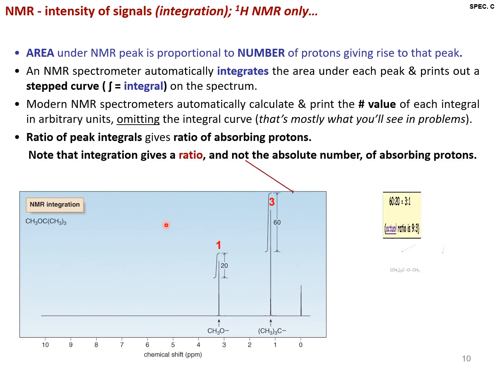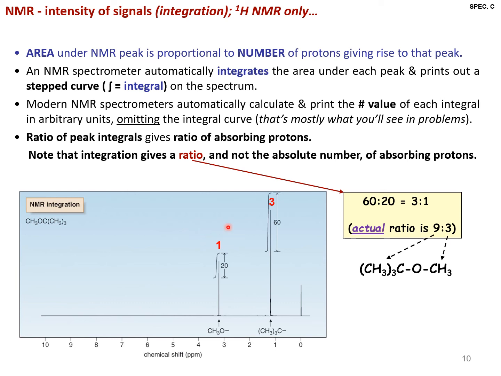Something that you have to keep in mind is that this ratio is a general ratio, a 1 to 3 ratio of hydrogens. The actual molecule that gives rise to this spectrum has 12 hydrogens. 3 plus 1 does not equal 12.